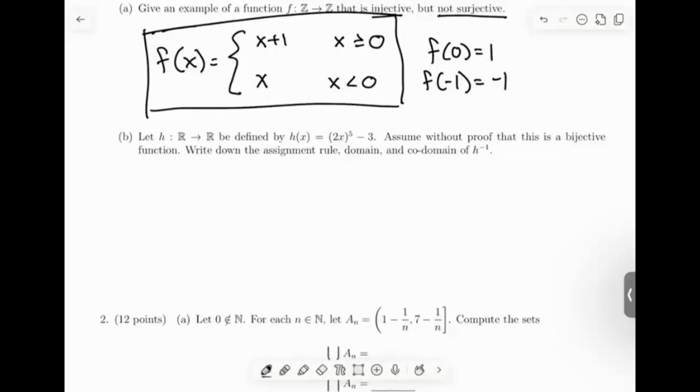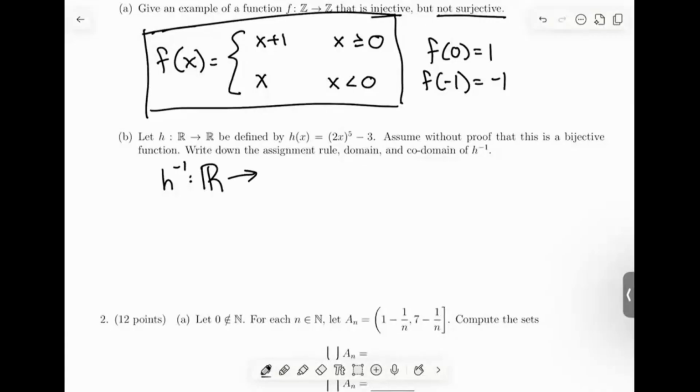This one's not too bad about the domain and codomain, because remember your inverse's domain is your original function's codomain. But of course we can see that each of their domain and codomain are the same, so it's not really that huge of a deal.